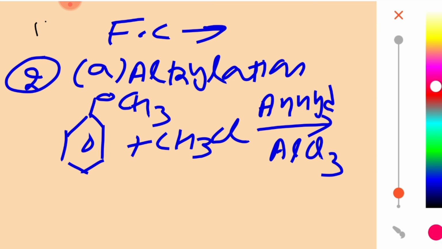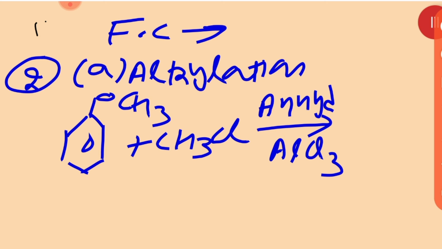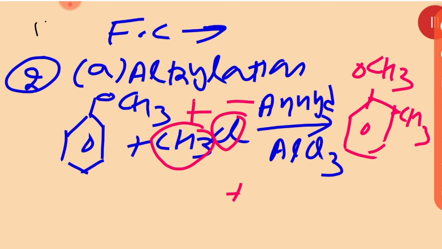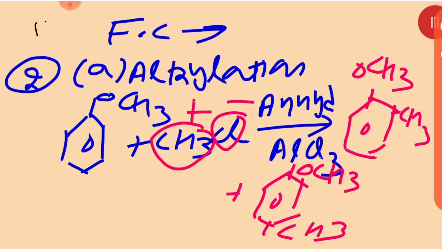What will be the product over there? Here CH3 is positive, Cl is negative. So the product will be OCH3 with CH3 at the ortho, or OCH3 with CH3 at the para position. Is that clear? Are you getting my point? This is called Friedel-Crafts alkylation.